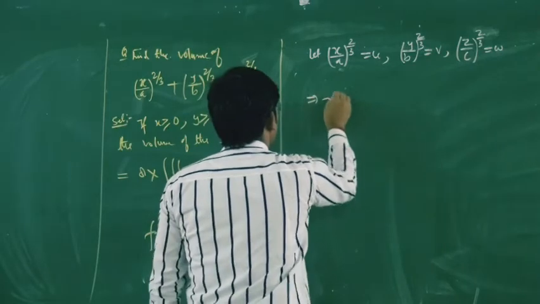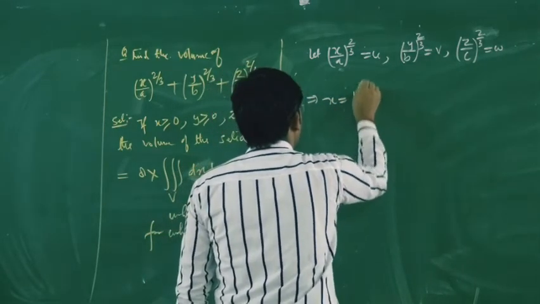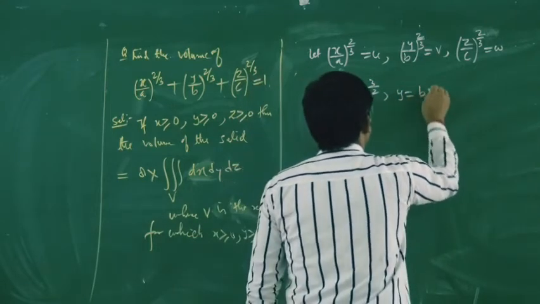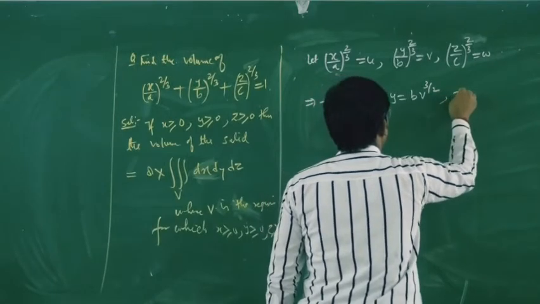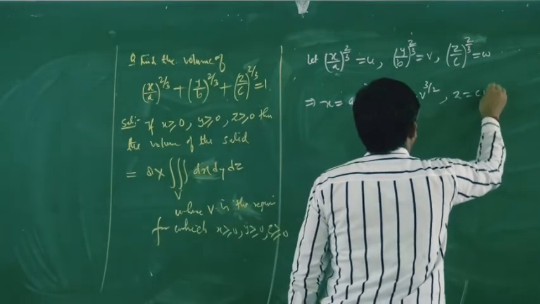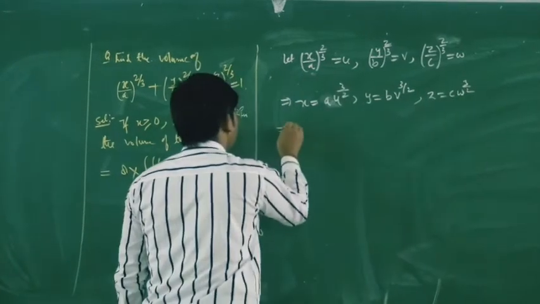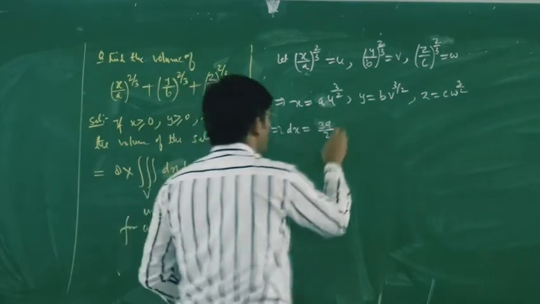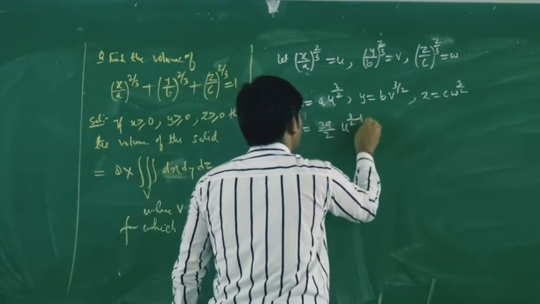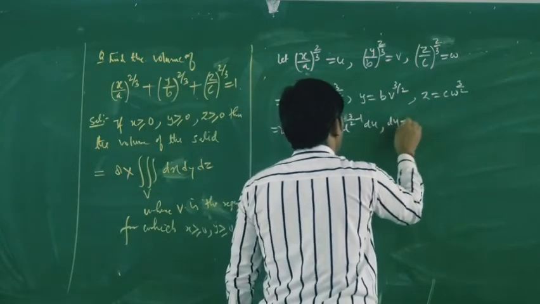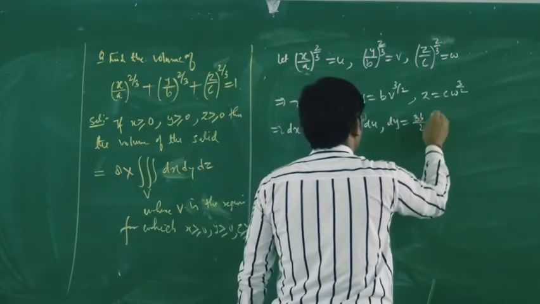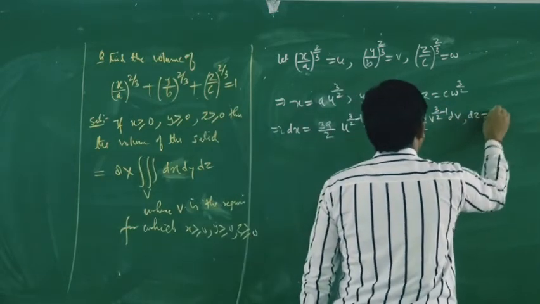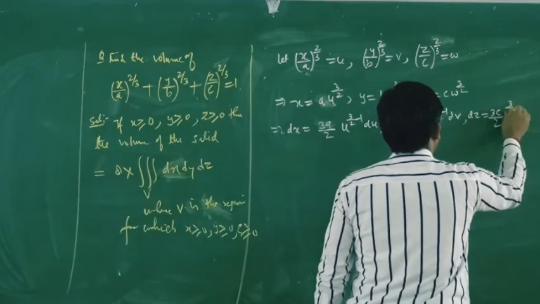So from here we have x equal to a into u to the power 3 by 2, your y will be b into v to the power 3 by 2, and your z will be c into w to the power 3 by 2. So your dx is 3a by 2 times u to the power 3 by 2 minus 1 into du, your dy will be 3b by 2 times v to the power 3 by 2 minus 1 into dv, and your dz will be 3c by 2 times w to the power 3 by 2 minus 1 dw.